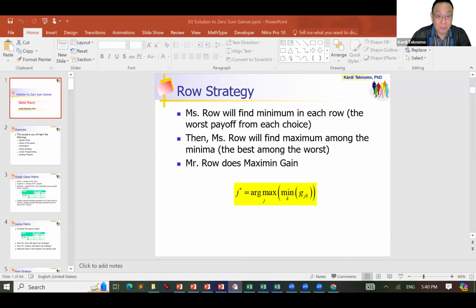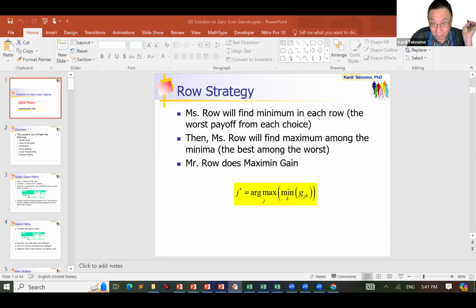So the strategy for Miss Row is always maximin. The meaning of maximin is you get the argument of the max. First, you get the minimum for each row, and then you get the argument on the columns.